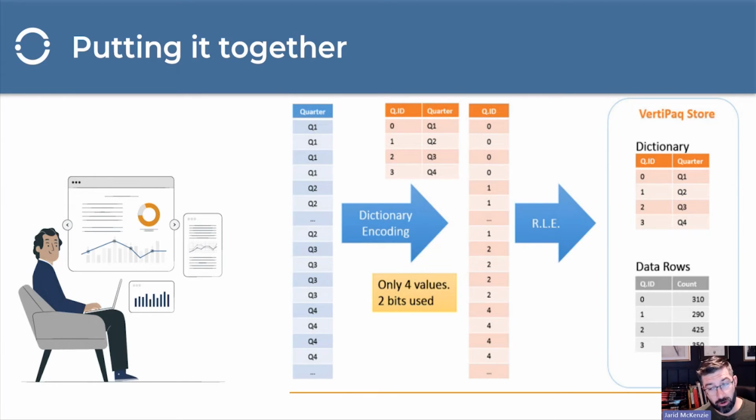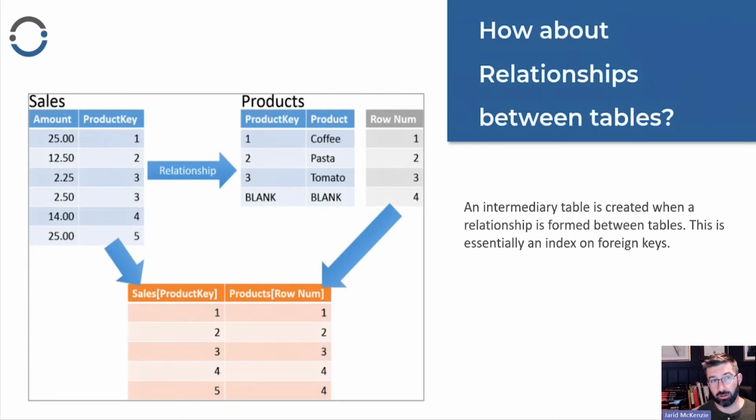Now, there's another implication that's outside of the underlying table compression, and that's how tables are linked together. In Power BI, they're linked using relationships. It's very, very important that you understand that these are only based off of a single key column within each of the related tables. You can see on the left-hand side I've got my sales table.